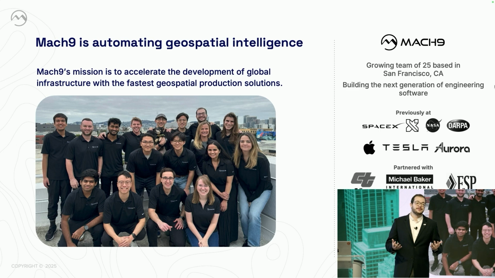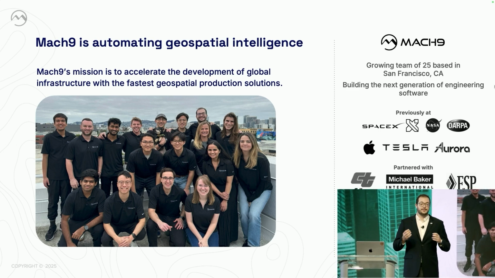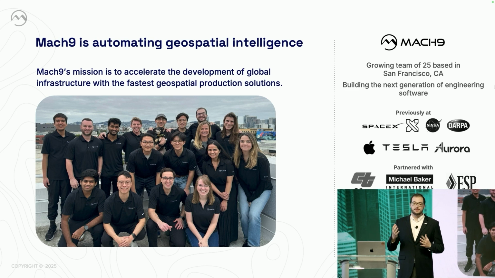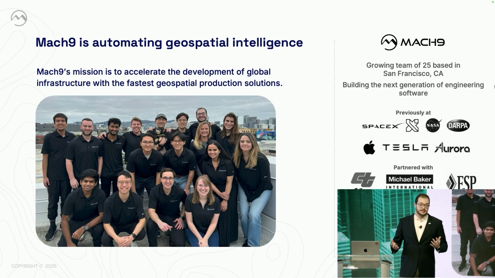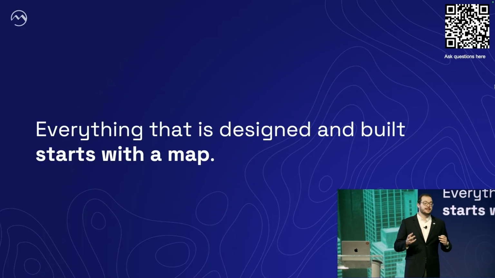To start out by introducing our company, Mac9 is automating geospatial intelligence by helping land surveyors create maps. Before we get into what we've done with Cesium, I wanted to explain why we're doing what we're doing. Everything in the entire world that is designed and built starts with a map.